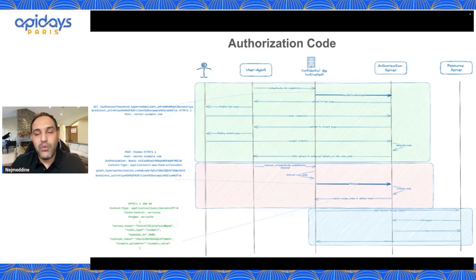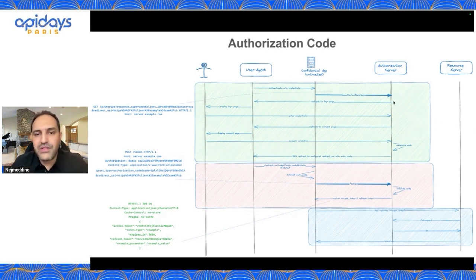So the first call that will be made is from the confidential app, which is a trusted app, a call to the /authorize endpoint on the authorization server, and we need to specify that we are making a call to get a code. We also give the redirect URL as a query parameter of the call.